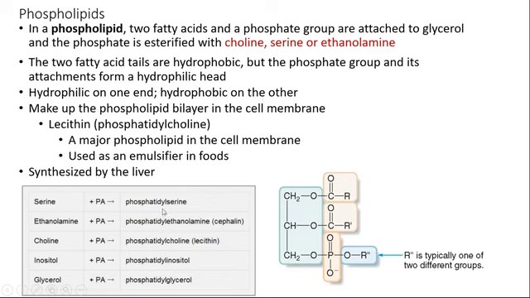If you have serine, it is phosphatidyl serine. If you have ethanolamine, it is phosphatidyl ethanolamine or cephalin. You find plenty of phosphatidyl choline especially in egg yolk, and the lecithin in it acts as an emulsifier.